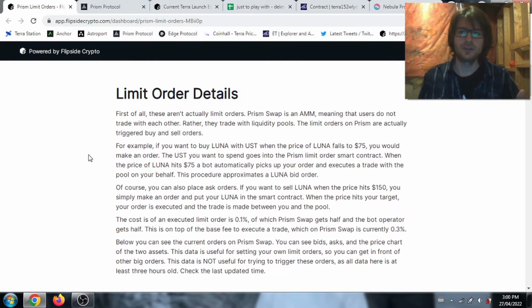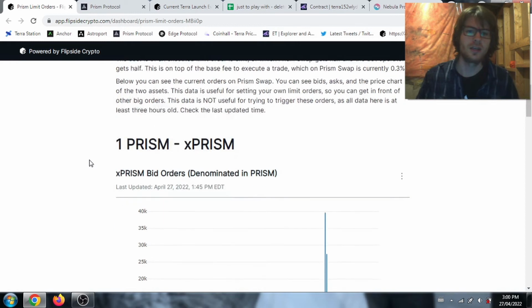It's a bot executing these trades against the liquidity pool. And there is a cost for doing so. The cost is 0.1%. So to use Prism Swap at all, it's 0.3%. So you add this cost, and the total cost basically of executing a bid or an ask order is 0.4%. Just so you know, there is that cost involved.